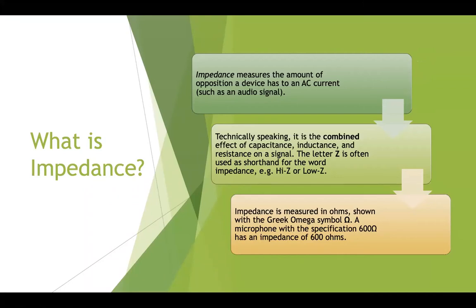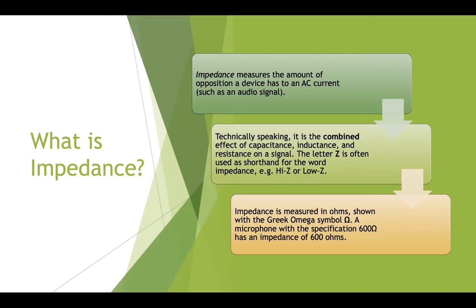So what is impedance? Impedance, although measured in ohms, is in fact the combined effect of everything in the circuit. So resistance is the quality of a single thing. A wire has a resistance to electricity proceeding through it.